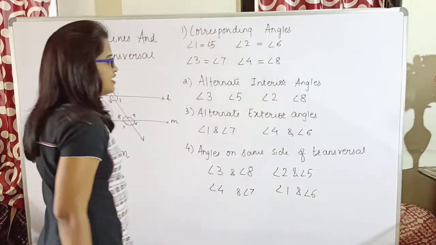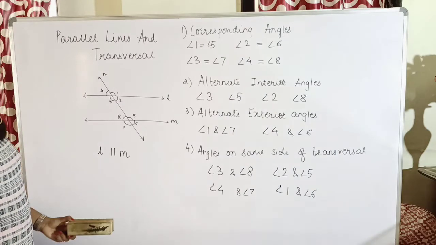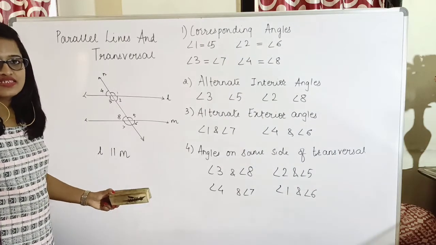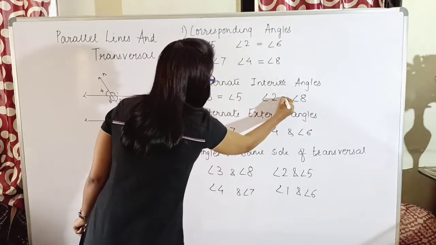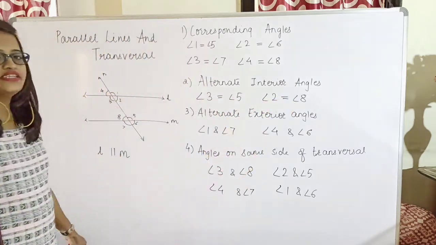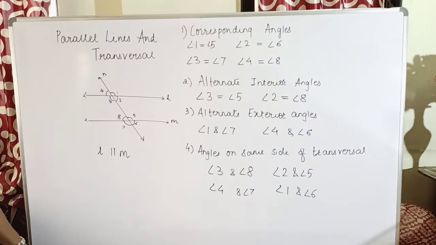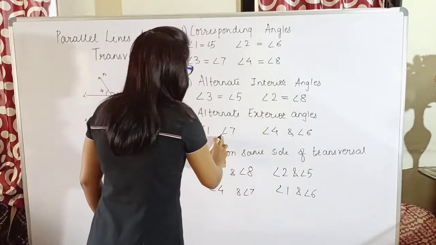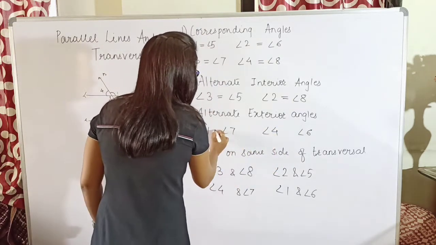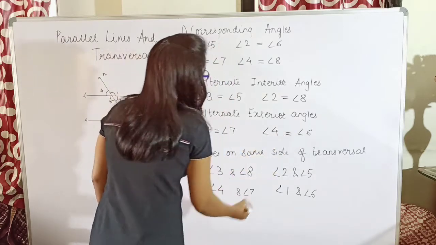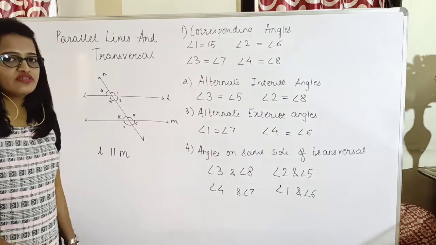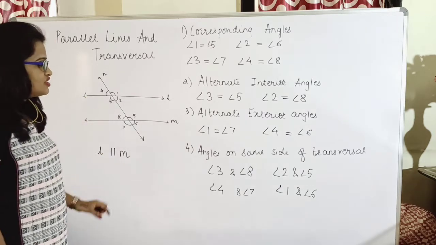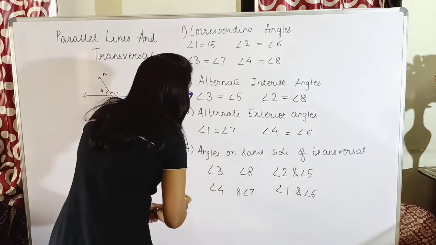What is the relation between alternate interior angles? Alternate interior angles are also equal. If the two lines are parallel, alternate interior angles are equal. Similarly, if the two lines are parallel, alternate exterior angles are also equal. And the last one, what is the relation between the angles on the same side of transversal?